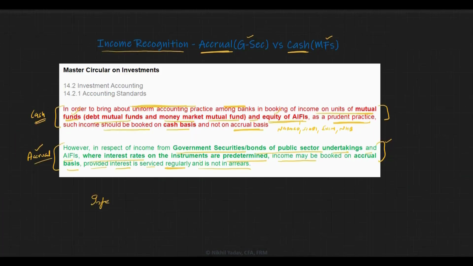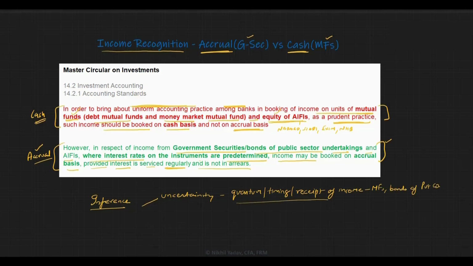So the inference that we can draw here is that whenever there is uncertainty about the quantum, timing, or receipt of income, the examples of which could be mutual funds, bonds of private companies, in such cases, we'll book income on cash basis.